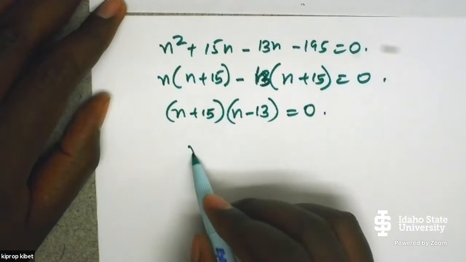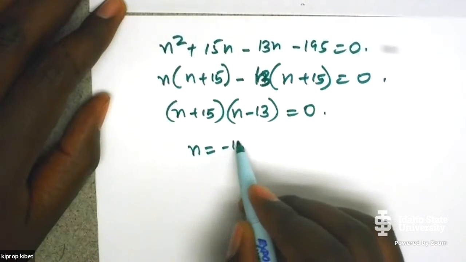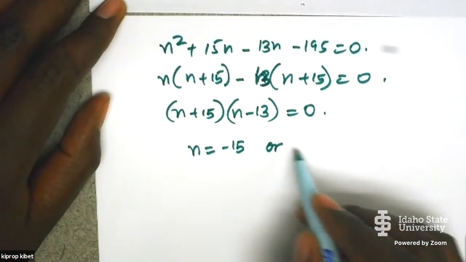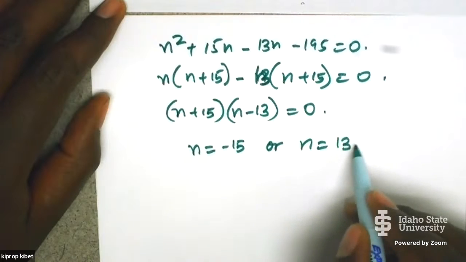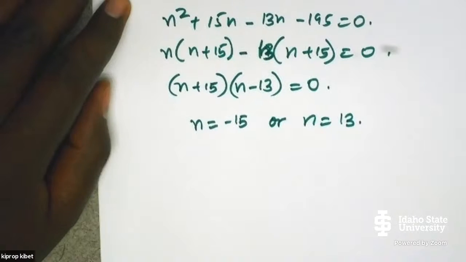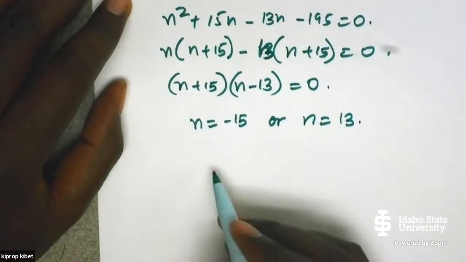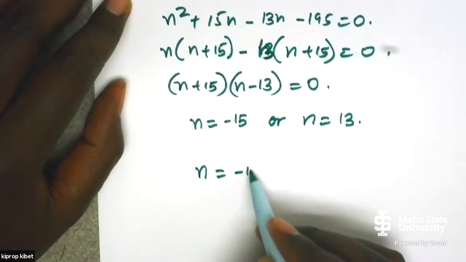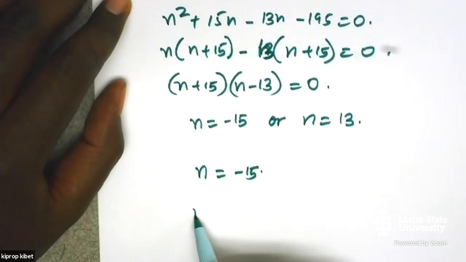Therefore, we have n equals minus 15 or n equals 13. So our first number is n equals minus 15 in this case, and in the other case n equals 13.